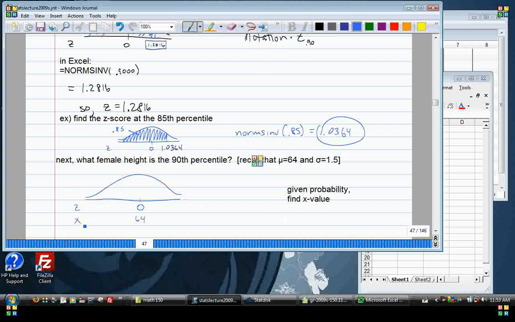Well, what are we being asked to find here? Are we being asked to find a z-score? No. We're being asked to find a data value. So the mean is very important. Because we're talking about a data value, we're talking about x values. So for x, we need to know what value is in the middle. So what else can we mark on the picture? We never mark standard deviation on the picture. We just keep it in mind.